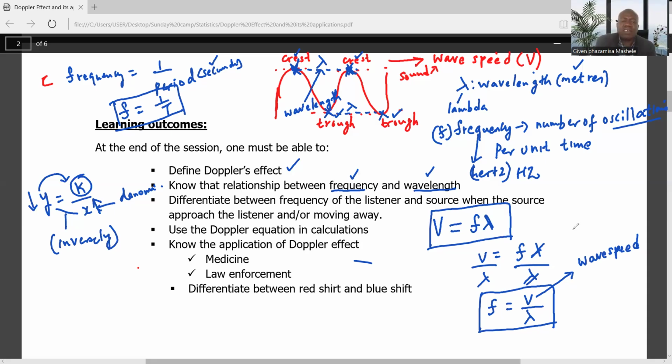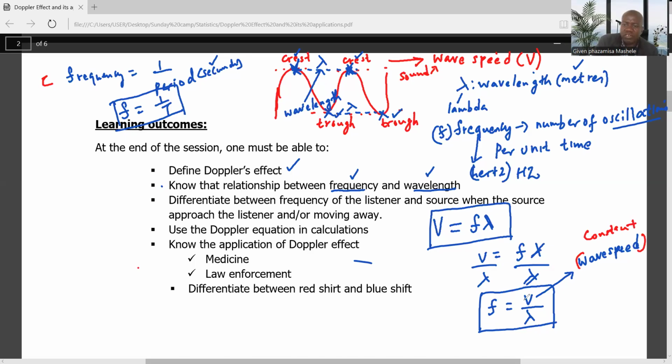So now let's compare the frequency and the wavelength, because this can apply to sound or to light. If we assume that the wave speed, V, is constant, then the wavelength and the frequency are inversely proportional. What does this mean?